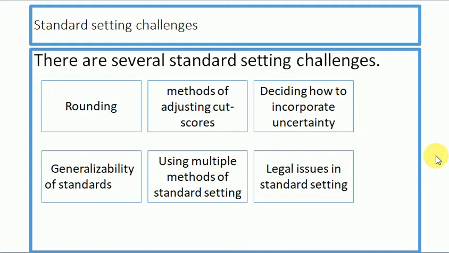Dear students, I have discussed and presented in my previous lectures the first two challenges, rounding off. I have shown many videos about rounding off, and in previous lectures I have discussed the methods of adjusting cut scores.